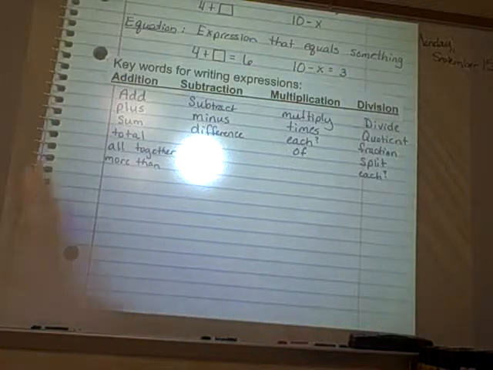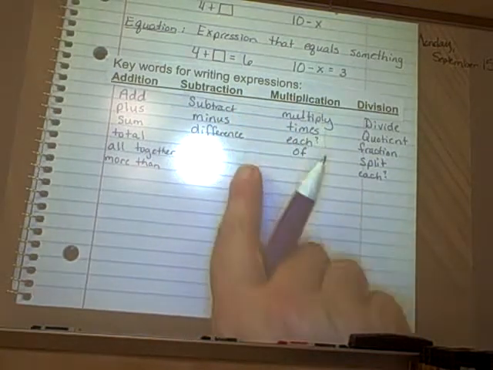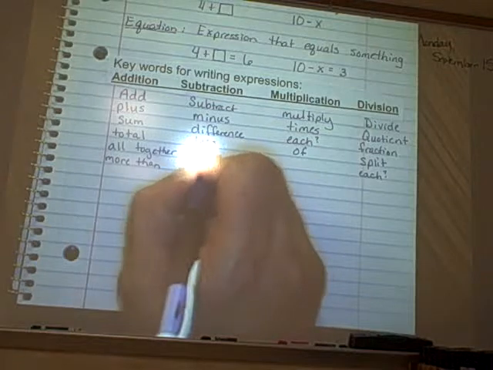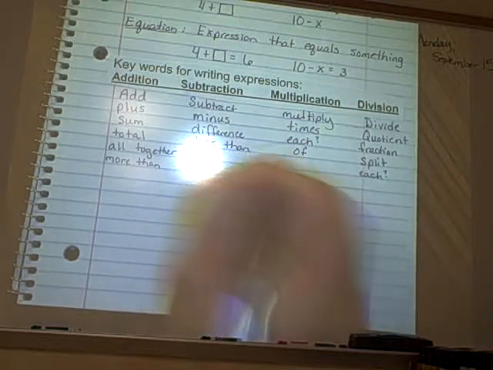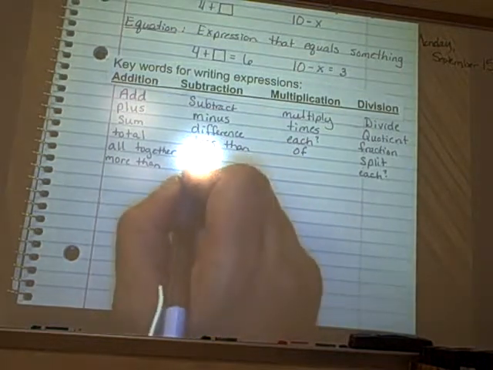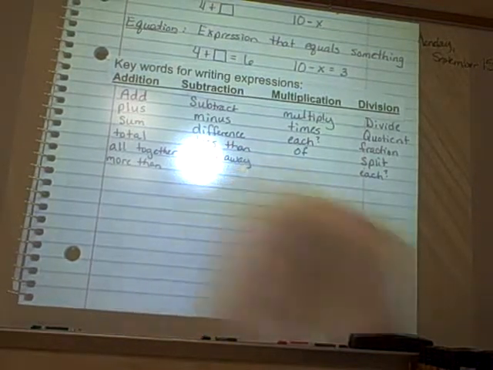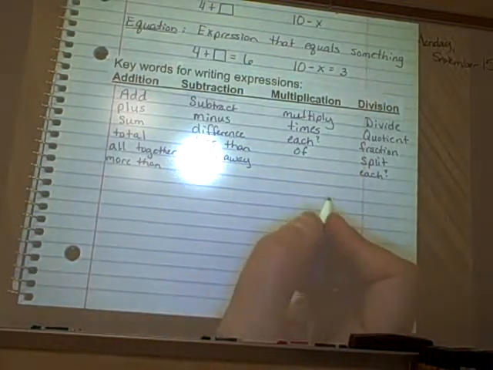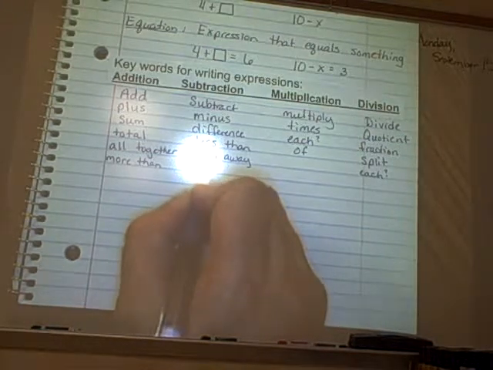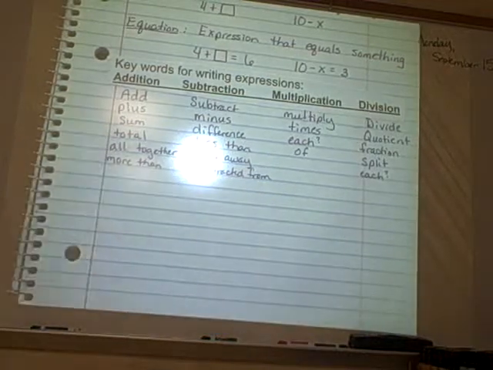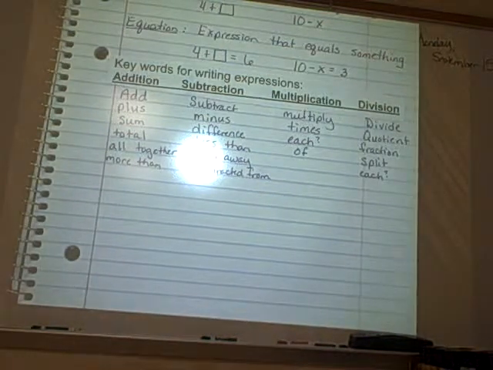Okay, that's good for addition. What about subtraction? Let's see if we can add a few to subtraction. Less than. Takeaway. Do y'all remember doing takeaways? Subtracted from. It's a special one, so I want to make sure you have that one written down. Subtracted from.